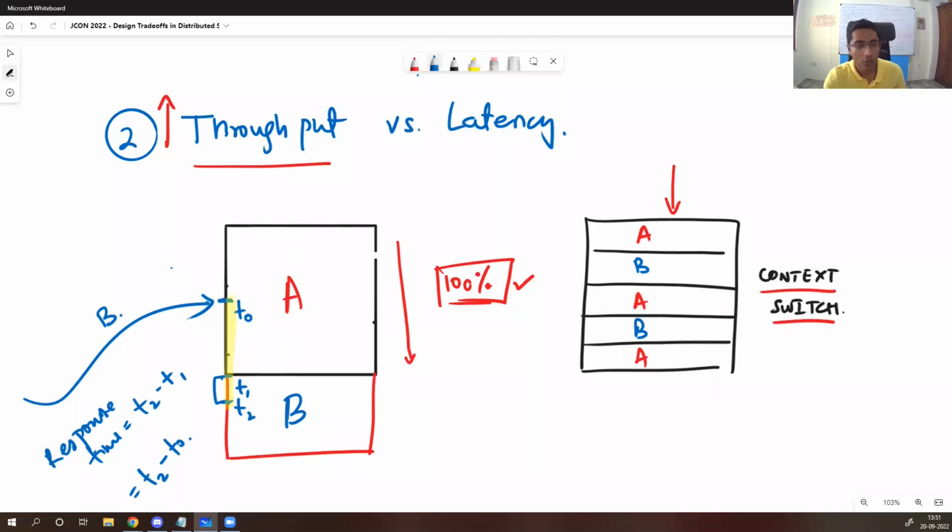So what happened here is throughput actually is high, but latency is also high. Latency is the time taken to answer a request, the response time basically. So latency is also high. This is bad. We don't want high latency. We want low latency.